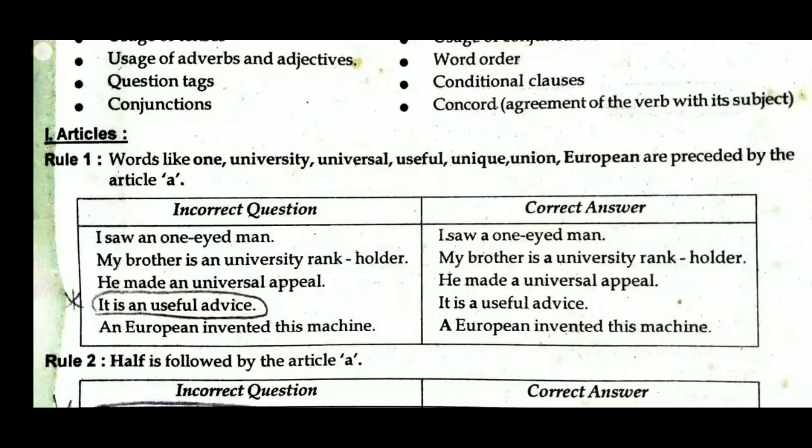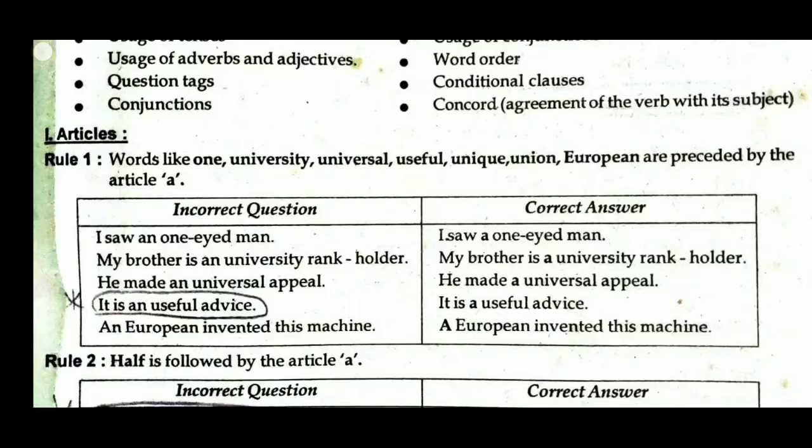But these are all exceptional cases. When we pronounce one, it gives a W kind of sound, so that we are pronouncing that word as one. So we have to use a, not an. Likewise, university starts with a Y-U sound, so we are using a instead of an.